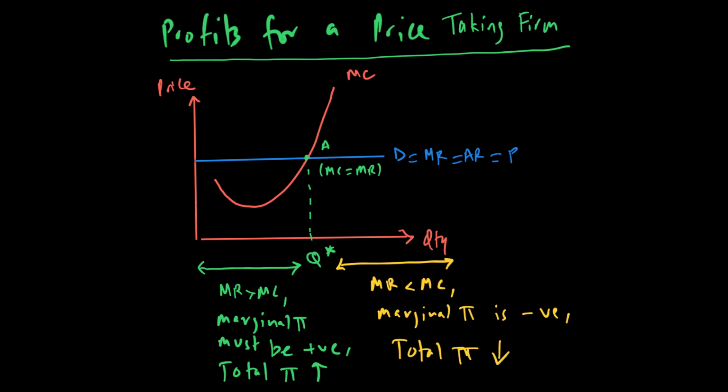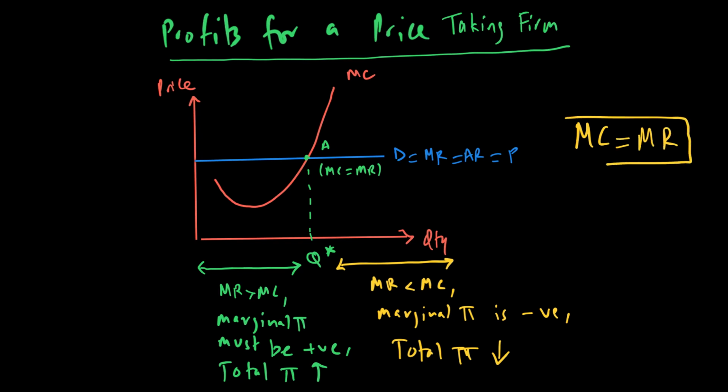So before Q star, total profit is rising. After Q star, total profit is falling, which would mean at Q star, where MC equals MR, total profit is maximum. So first thing first, the condition necessary for profit maximization is MC equals MR.